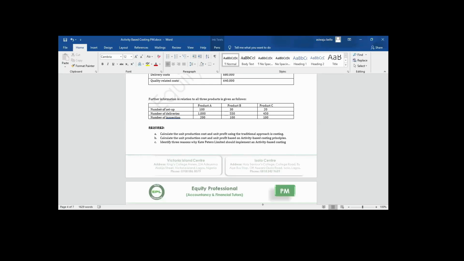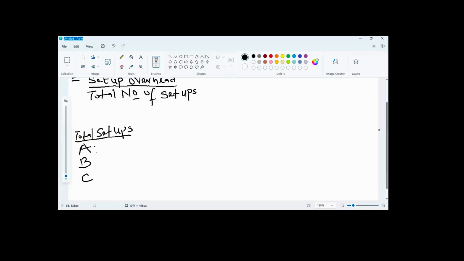Can we all see it? Yes, sir. I'll come here: 100, 30, 20. Total setups, 150.